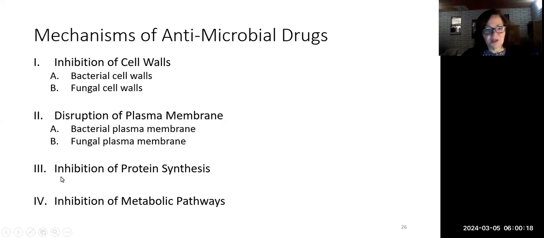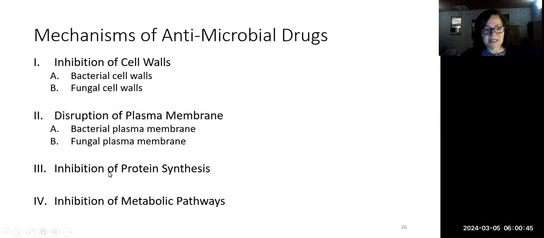Now we're going to move on to inhibition of protein synthesis, in this case disrupting bacterial or prokaryotic protein synthesis. And then finally, we'll finish up this section of the lecture with inhibition of metabolic pathways. I'm going to give you one main class of drugs that works like this, but there are others.